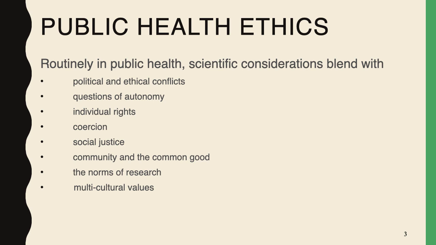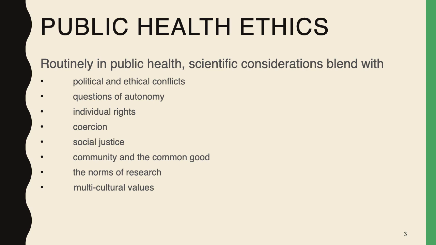We also are concerned with the common good and the community good. This is where individual rights and the community good come into conflict. You can see where the best thing for an individual may not necessarily be the best thing for the common good and the community.